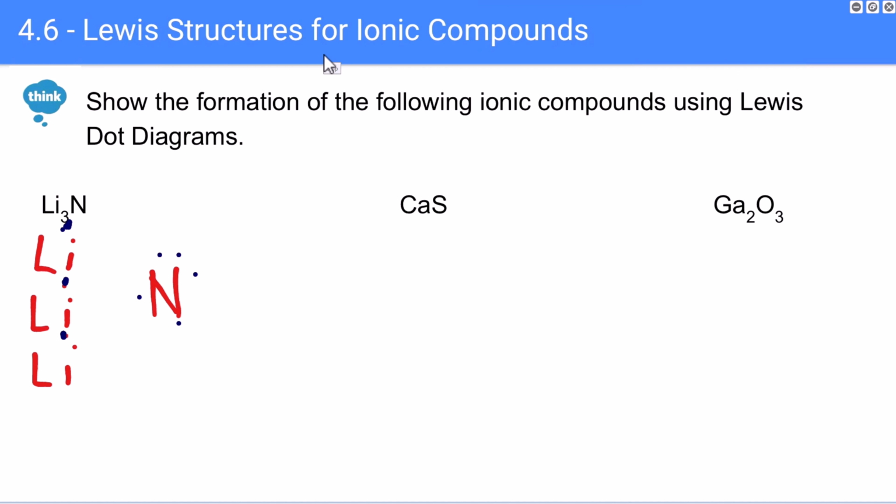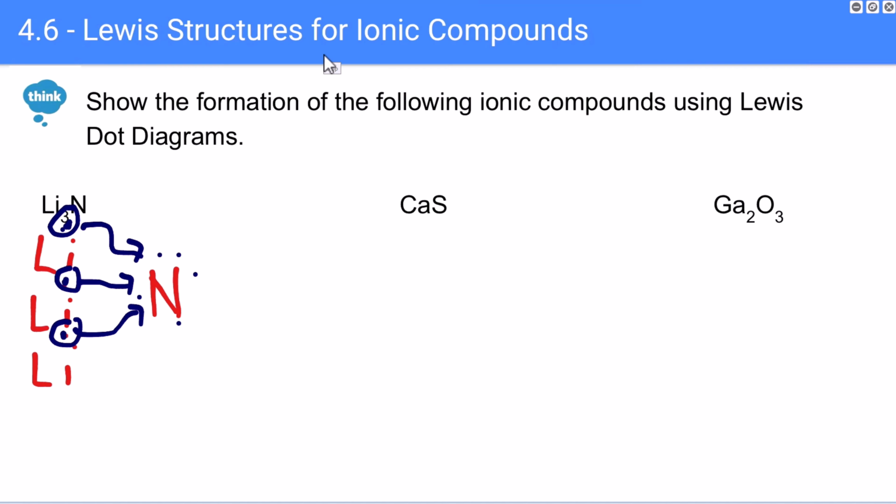Now remember, the whole goal here is for both the metal atoms to lose their electrons and for the non-metal to gain electrons, so that way the octet rules are satisfied. So lithium is going to transfer 1 electron each to nitrogen.